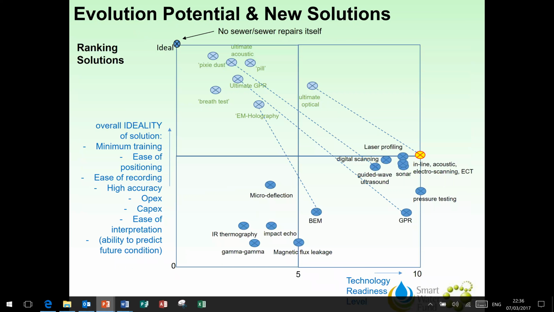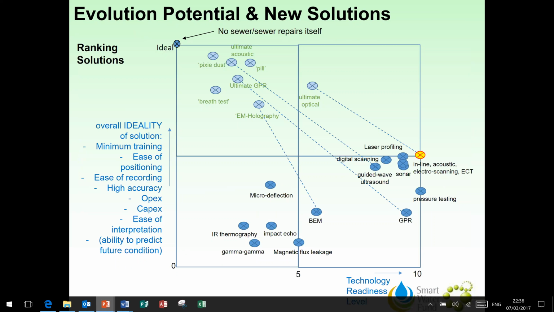So it will become more ideal. The feedback systems it contains, for example, will become more intelligent. The system will become more flexible. It will start to integrate other signals, and so we encapsulate all that Panorama-based CCTV technology into what we call an ultimate optical. So if you're going to stick with optical, then this is as good as it will get.